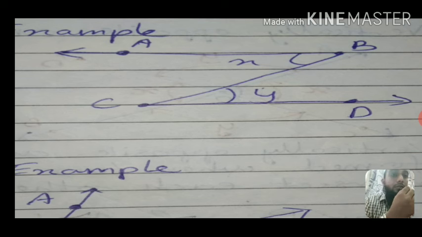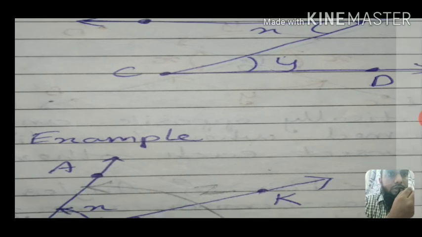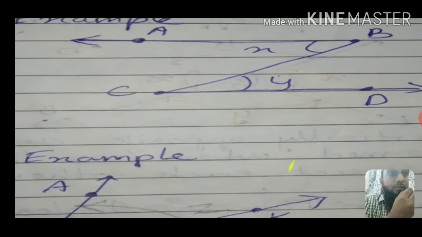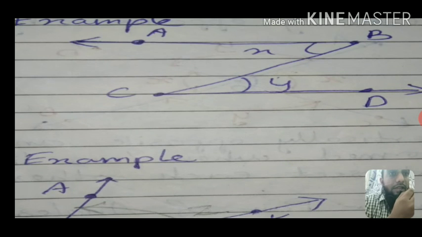Angle ABC has its vertex B, and angle BCD has its vertex C, different vertices for their angles. Hope you are getting my point. Therefore this example is not an example of adjacent angles.